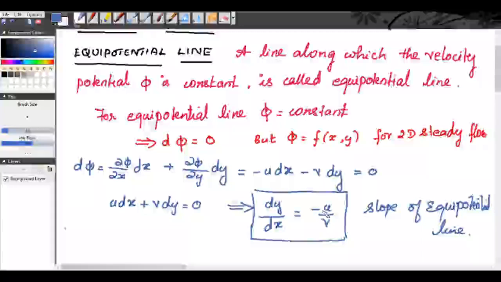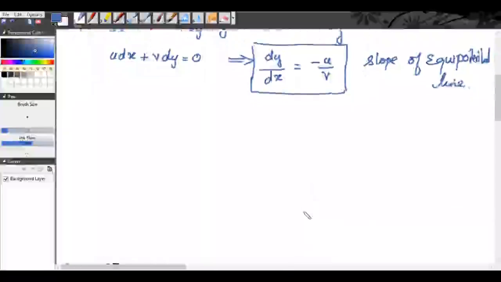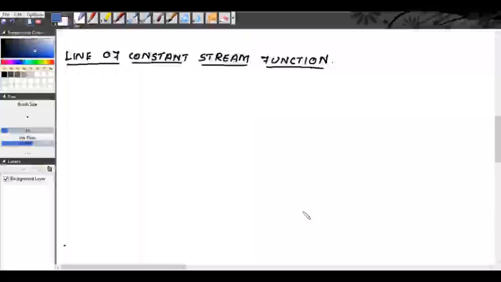Now, similarly, we will find the slope for a streamline. The line having constant stream function is called line of constant stream function. So we are going to see what is the line of constant stream function. For a line of constant stream function, our psi will be equal to constant.